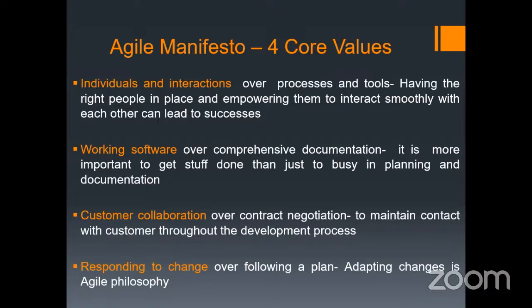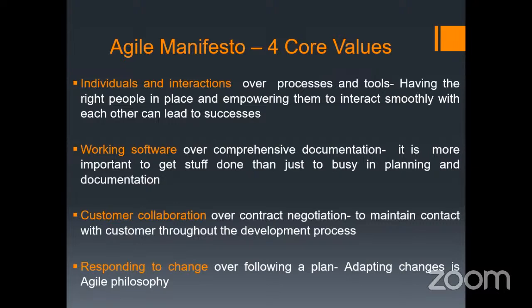Now, if you see, whatever I have highlighted in orange color, all these are the points which are followed in the Agile Manifesto, while the other points in white, like process and tools, comprehensive documents, contract negotiation, following the plan, are the points which we were following in our traditional approach.